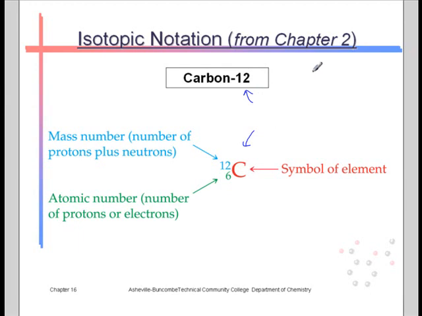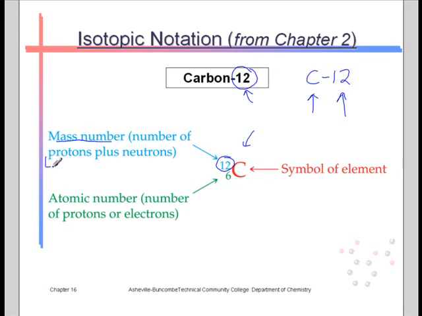You might see another variation, which I've seen in other textbooks, where they just use the element's name in front. The 12 in all of these labels is the mass number.